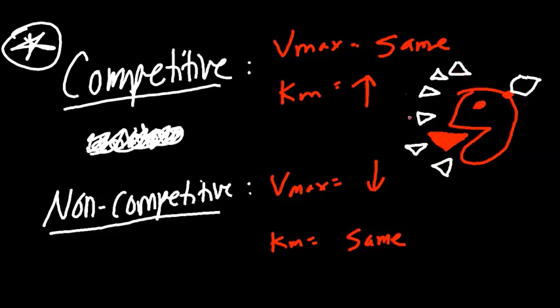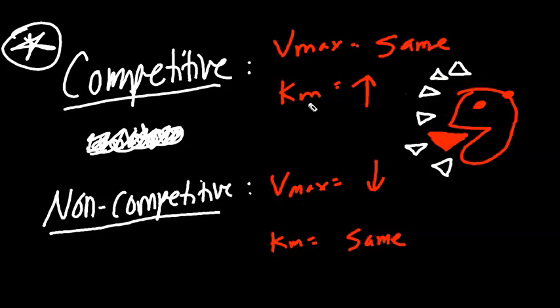So we could put 1,000,000 normal substrates on this Pac-Man and it'll still not work. So that's why our Vmax is lower. Our Vmax is the same in competitive inhibitors because if we flood this enzyme with normal substrate, which is not the red triangle, with normal white triangles, our Vmax will be the same.